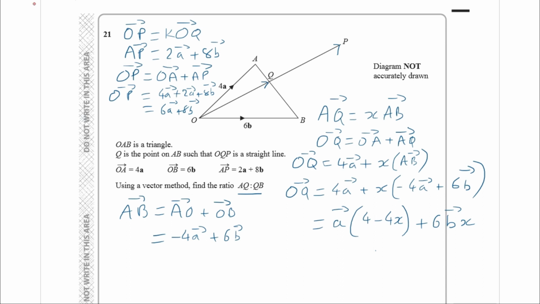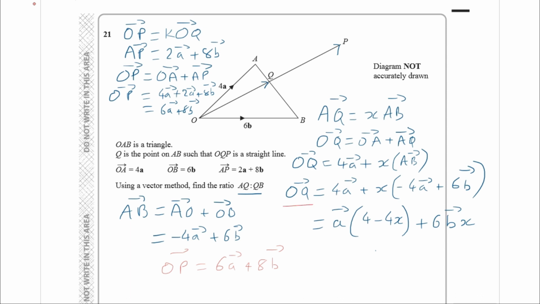We know that OP is equal to 6A, so 6 in the A direction, plus 8 in the B direction. So it should be really that if you think about the vector OP as a multiple of the vector OQ, so remember this is the vector OQ here.